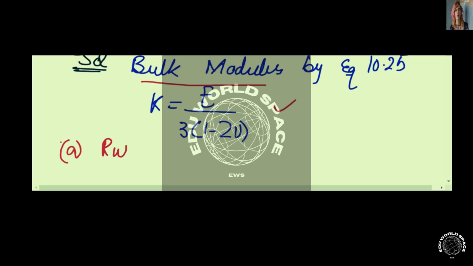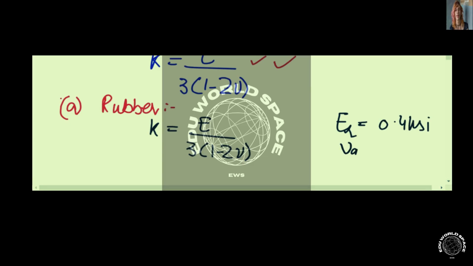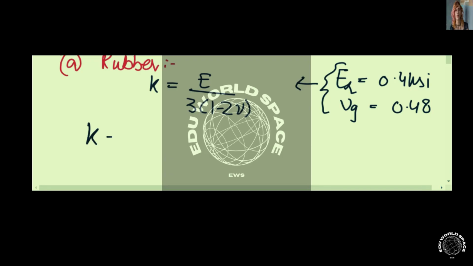The first part is rubber, so we use K is equal to E divided by 3 into (1 negative 2 epsilon). The given value for E sub r is 0.4 ksi, and epsilon sub r is equal to 0.48.